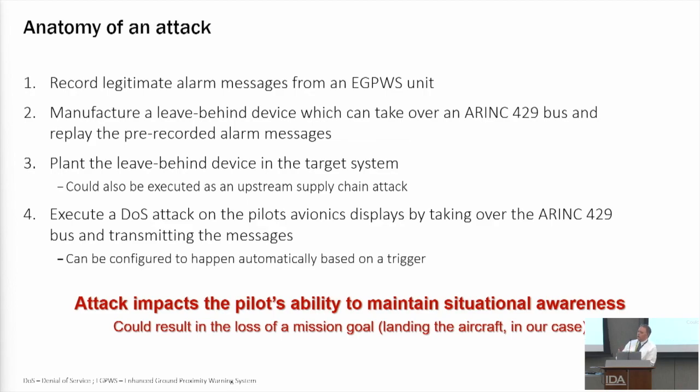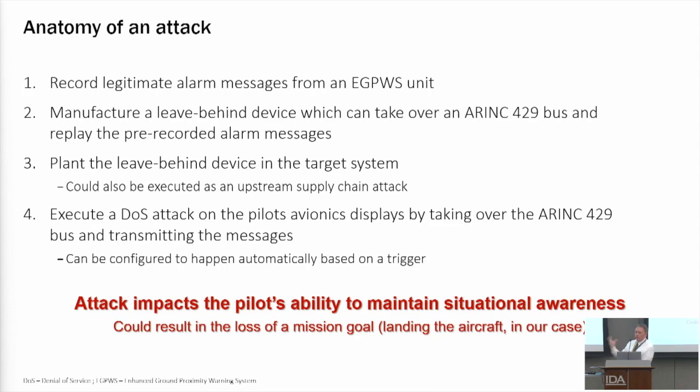So let me walk you through the anatomy of an attack as I've alluded to in my images. Number one, we record legitimate alarm messages from an Egyptus unit. We have taken our simulator, our HITL, and put it into a dangerous state, and we've recorded the data from the Egyptus on our leave-behind device.